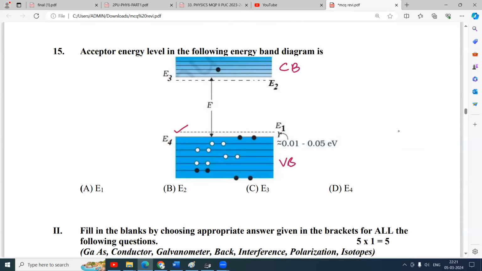This is the acceptor level, very close to the valence band. Very near to the conduction band, there is an energy level formed by the donor atoms and donor level electrons. This is the donor level, this is the acceptor level. They are asking what the acceptor energy level is. It is given by E1, this answer.